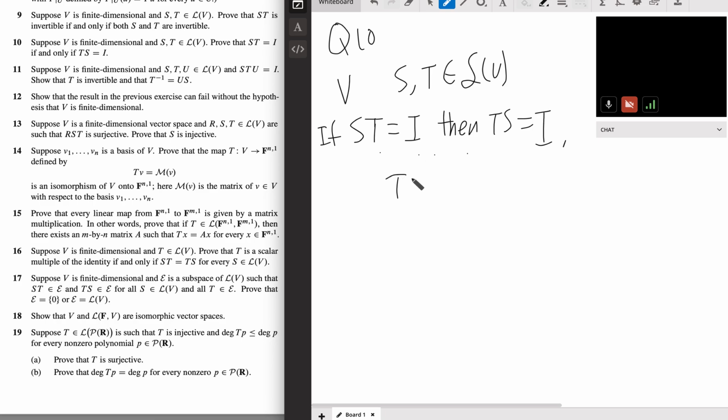So how would you approach this? Let's say for arbitrary v inside the vector space, S of v is equal to some w.